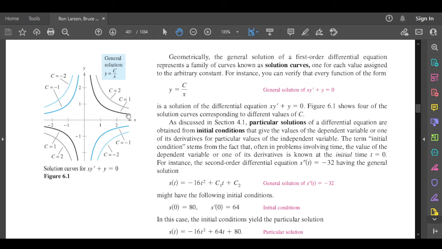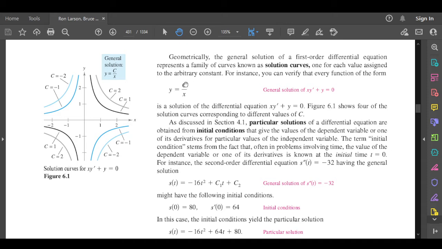For example, when c is equal to 1, you will obtain y equals 1 all over x. This is the graph of y equals 1 over x, the black or dark graph. And if c is 2, you'll have y equals 2 over x, and that graph is the gray graph.